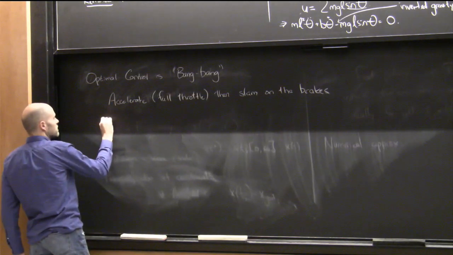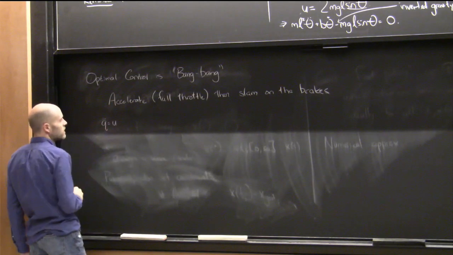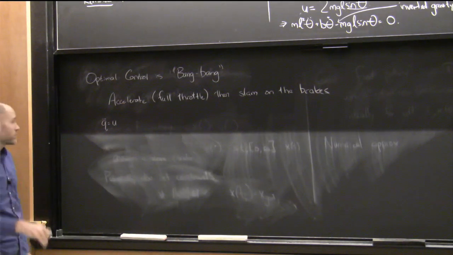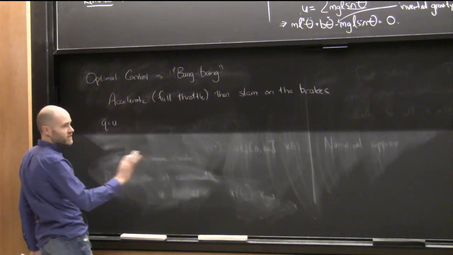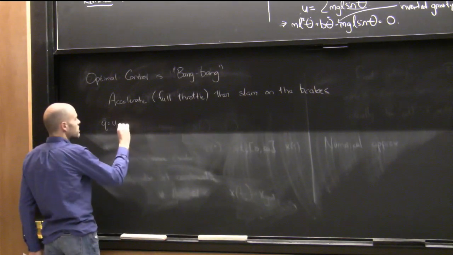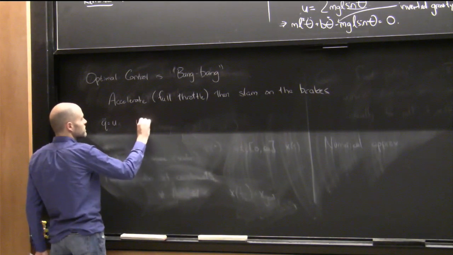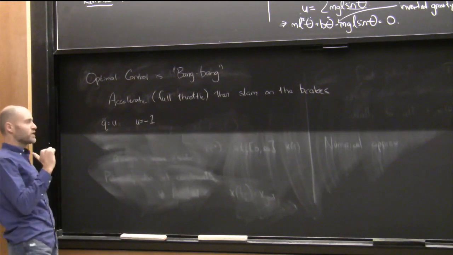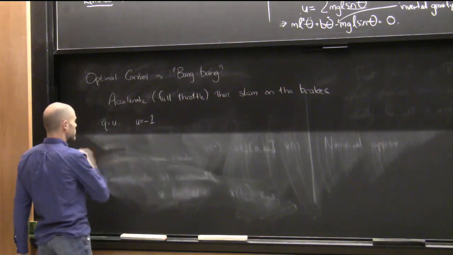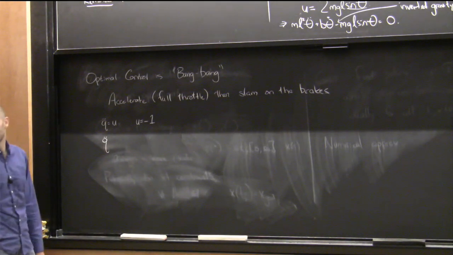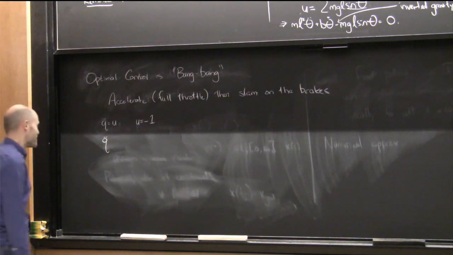So q double dot equals u. Let's understand the case where we're slamming on the brakes. Okay, and it depends whether it's accelerating or on the brakes. I guess it depends on which side of the origin you're at. But let's at least understand what happens when I'm pushing full on in the negative direction. Okay, this is about the only differential equation I have in class that I'm going to be able to integrate for you, right?